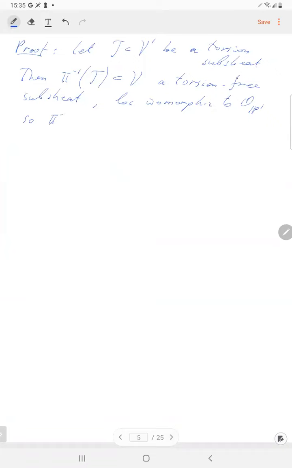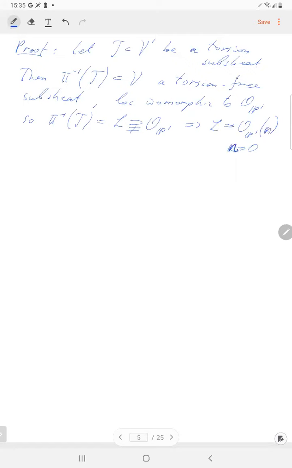So the pre-image of T is some invertible sheaf L that contains OP1, but is strictly bigger. Okay, fine. Hence, L is isomorphic to some positive line bundle. I don't know how to say it. D or C for positive C. Oh, maybe N. Let me put N for positive N.